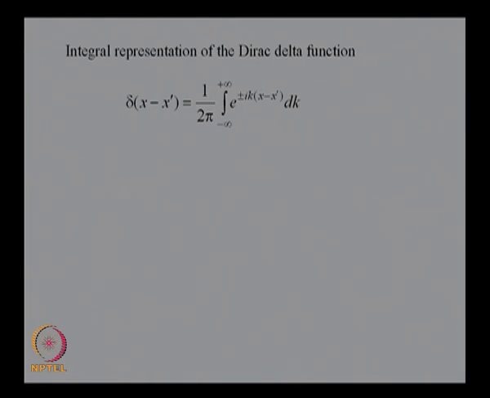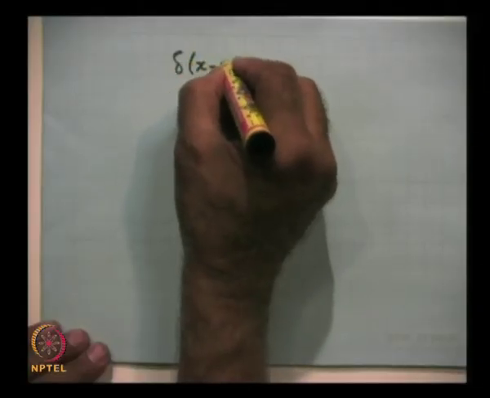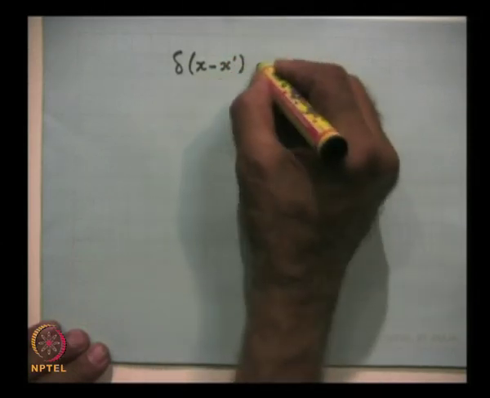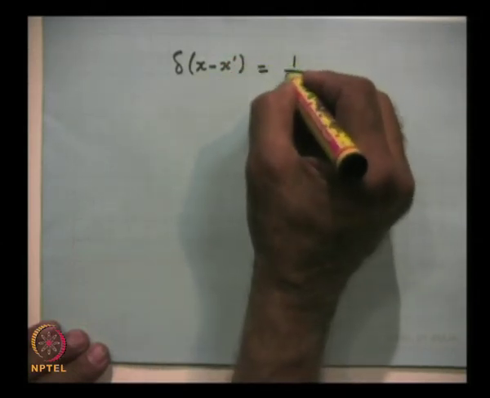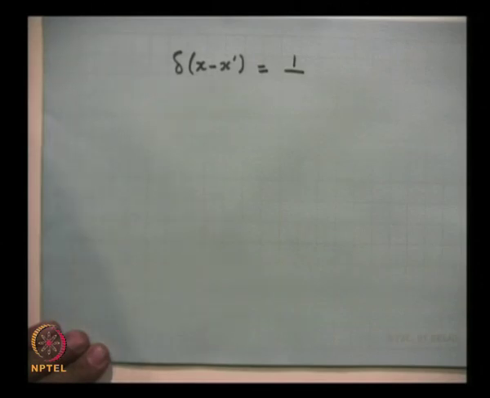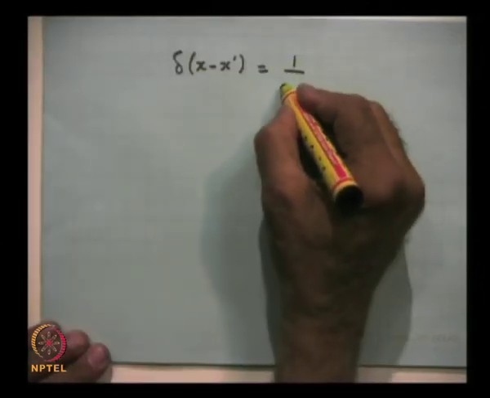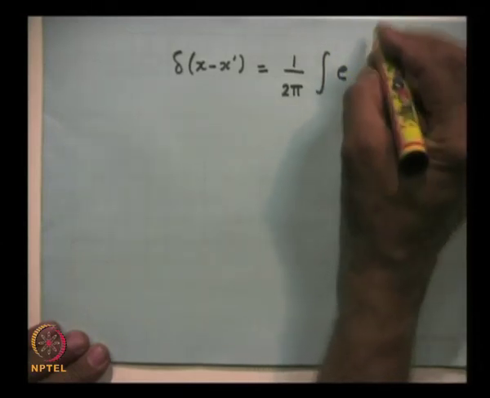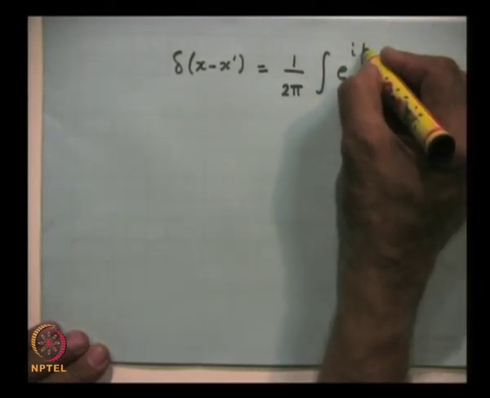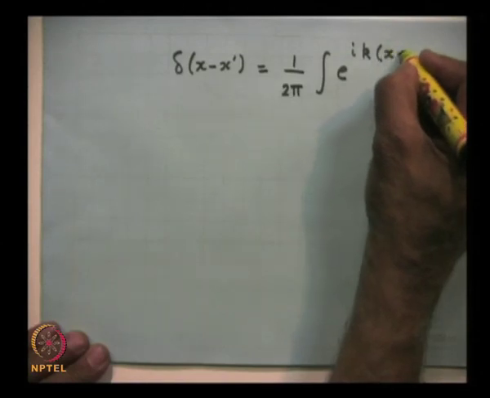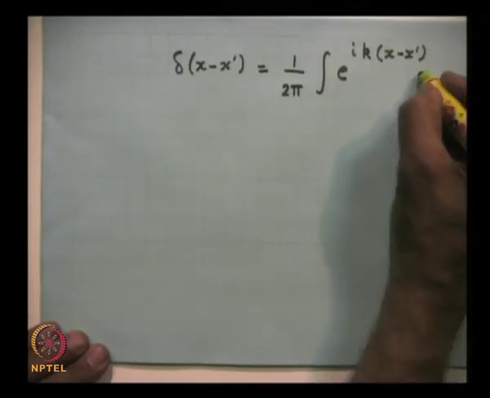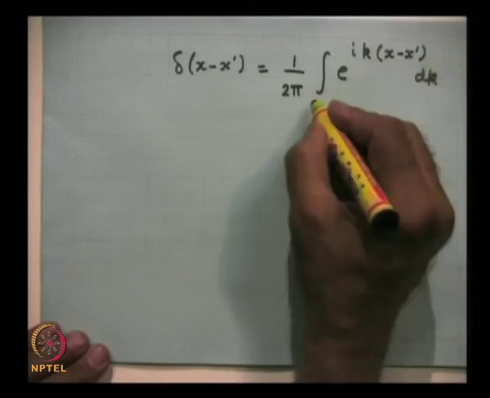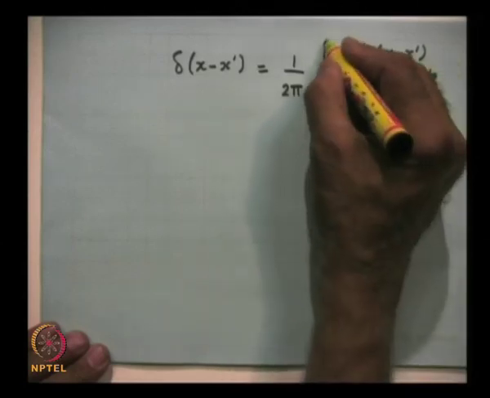So, let me now use this. I have here delta of (x minus x prime) is equal to 1 over 2 pi, the integral of e to the power of plus or minus i k (x minus x prime) dk. Let me take the plus sign, and the limits are from minus infinity to plus infinity.